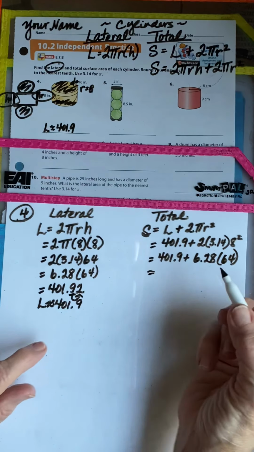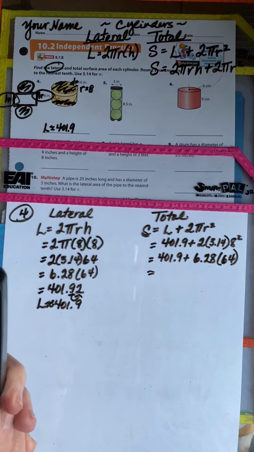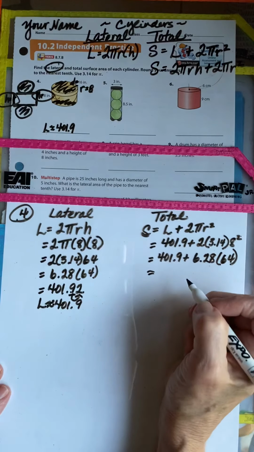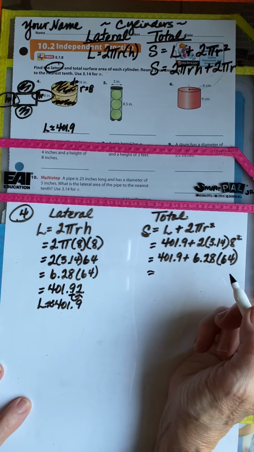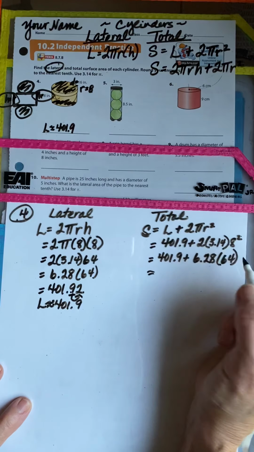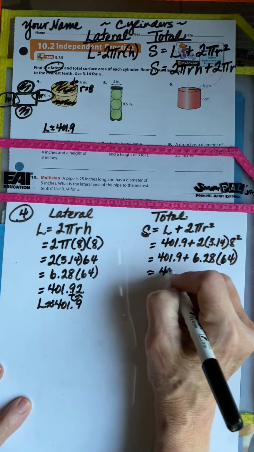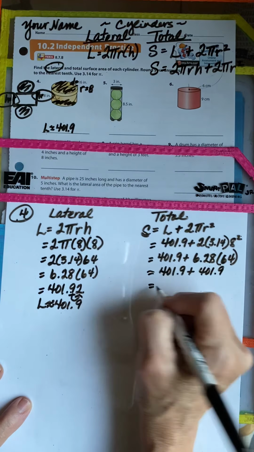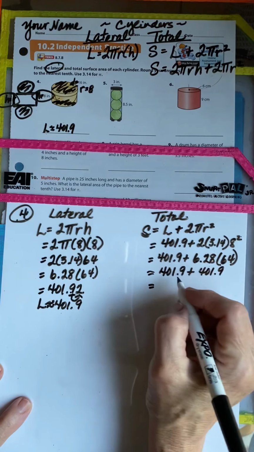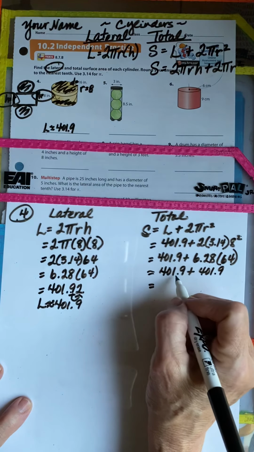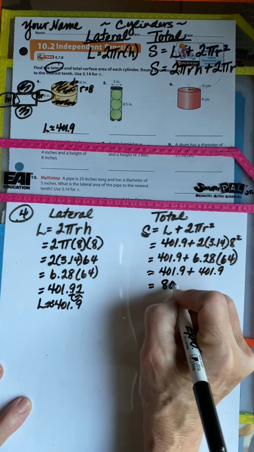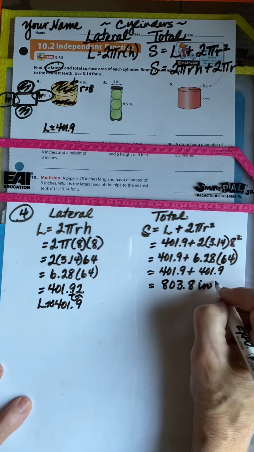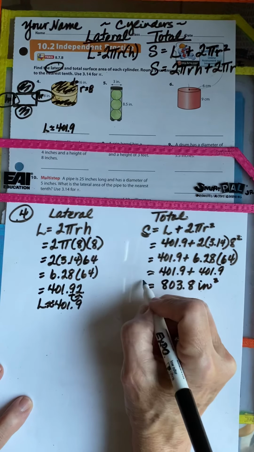Okay, next, let's do 6.28. We already did that a while ago, and it's 401. Isn't that fun? It is also 401, because the 8s were the same. It's also 401.9 plus 401.9 equals, here we go, 803.8 inches squared surface area.